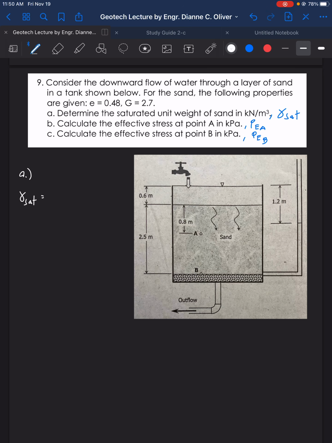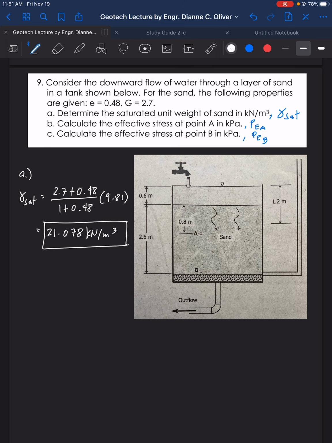So 2.7 plus 0.48, all over 1 plus 0.48, times 9.81. Gamma sat is 21.078 kilonewton per cubic meter. Okay, letter A is solved.